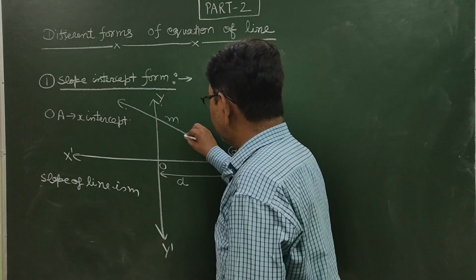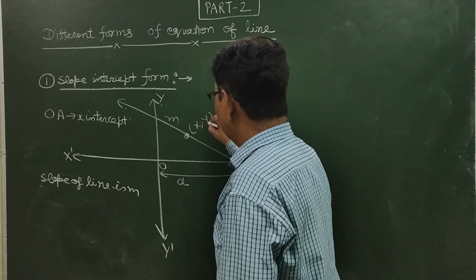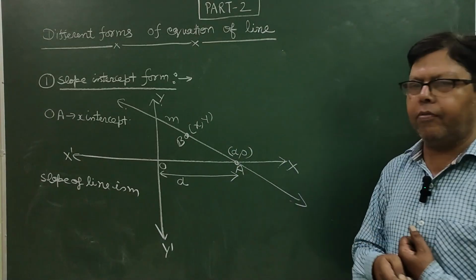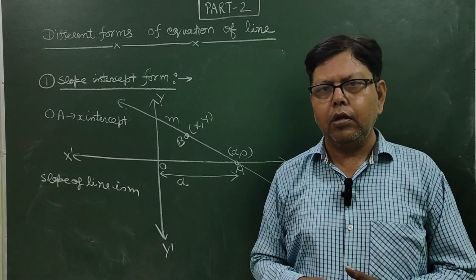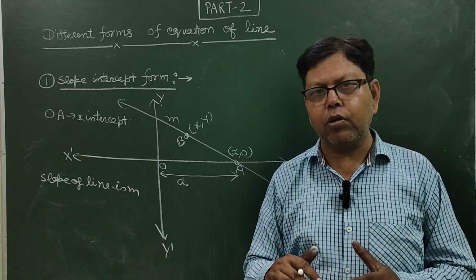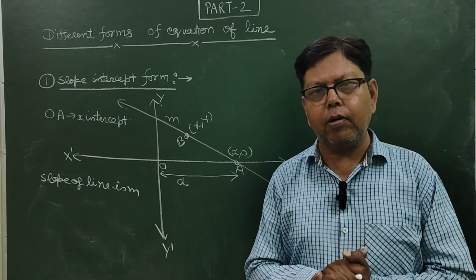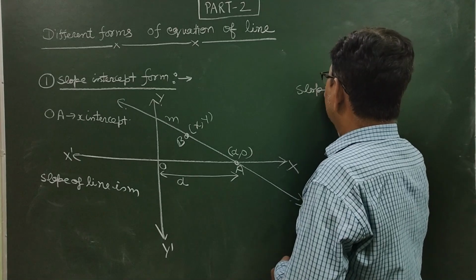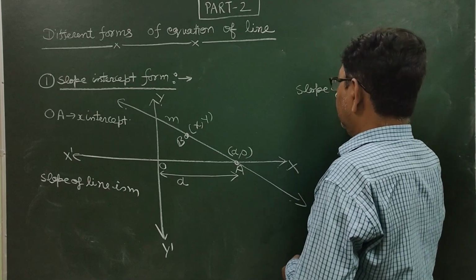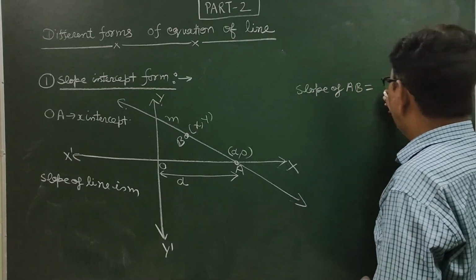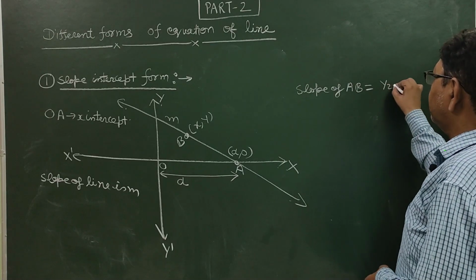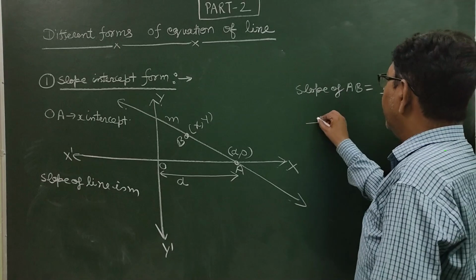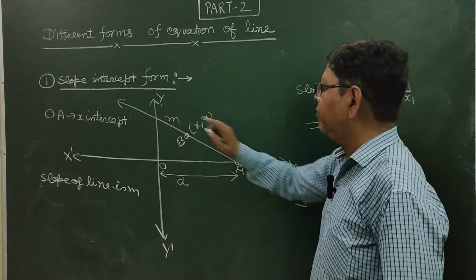And let us consider a variable point here. Let this point be B, having the coordinates x, y. We find the equation of the line in terms of the variable point x, y. So the slope of AB is equal to the difference of y coordinates, using the formula y2 minus y1 upon x2 minus x1, and the slope of the line is m.